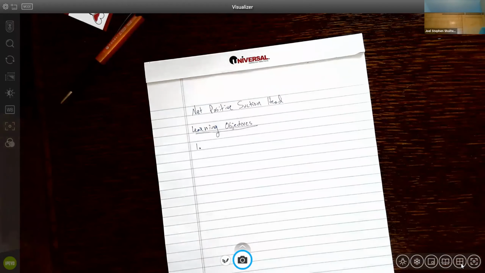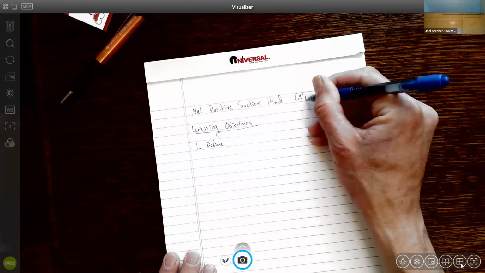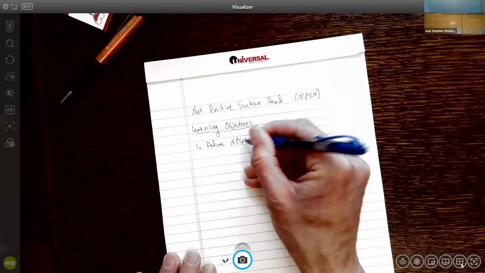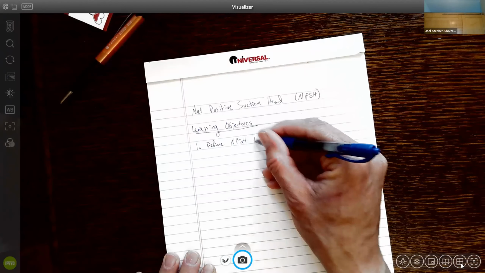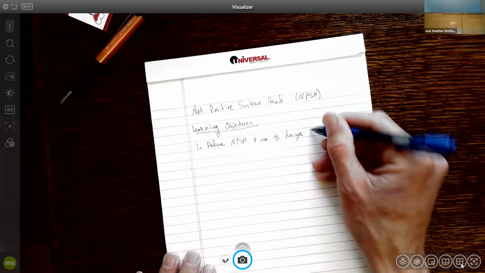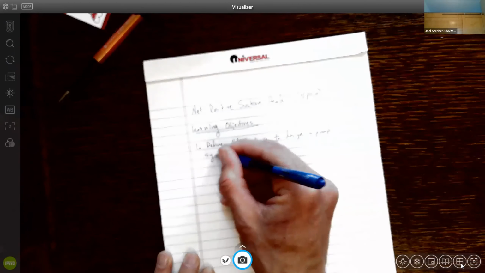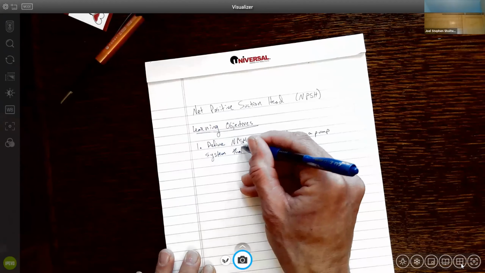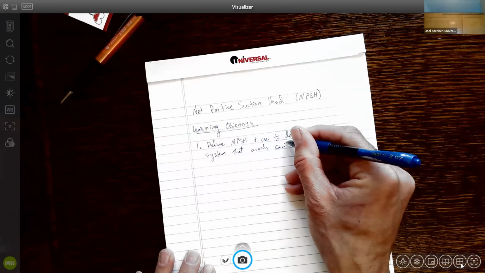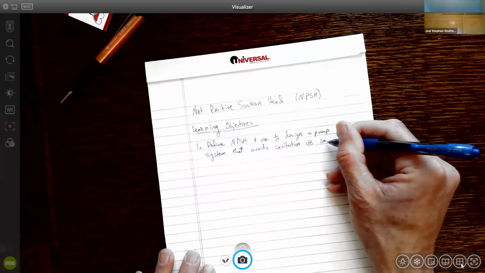Okay, so one learning objective today: we're going to define NPSH, net positive suction head, and use it to design a pump system that avoids cavitation at the impeller.